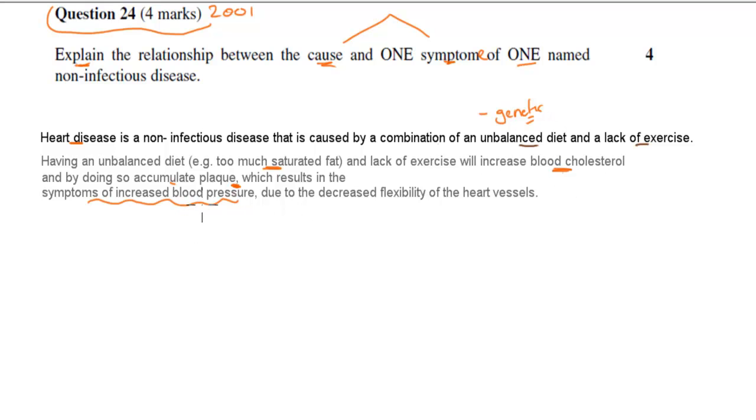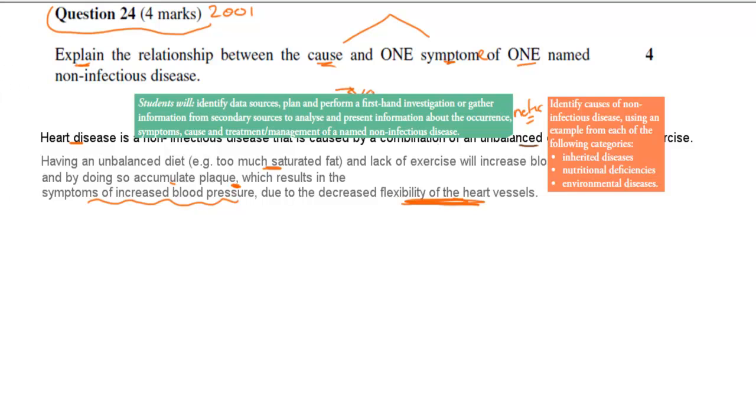This has now increased our blood pressure, and the reason why is that when there's more plaque in our blood vessels, there's less flexibility in them. So when there's less flexibility, there's going to be more blood pressure, because the vessels can't adjust anymore as they used to. So now I've named my disease, my symptom and my cause. That would have been 3 out of 4. But to get my last mark, I would have linked the symptom and cause as well, and that gives you the full marks.